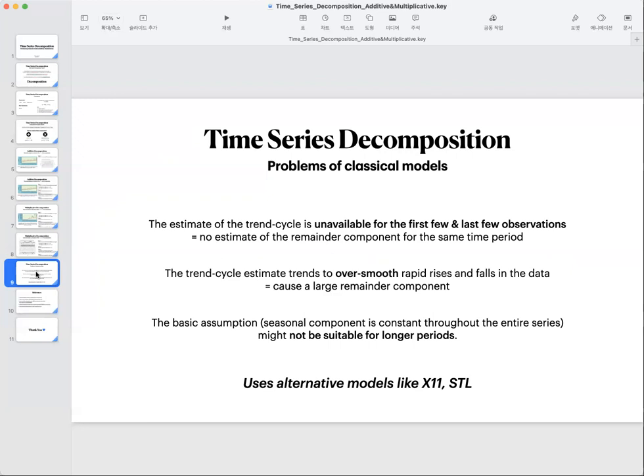To resolve these issues, various models like X11 or STL have been devised, and many people recommend using these alternative models these days. Nevertheless, since the classical models that I introduced are the most basic, I think understanding their mechanism might help us understand other state-of-the-art models as well.